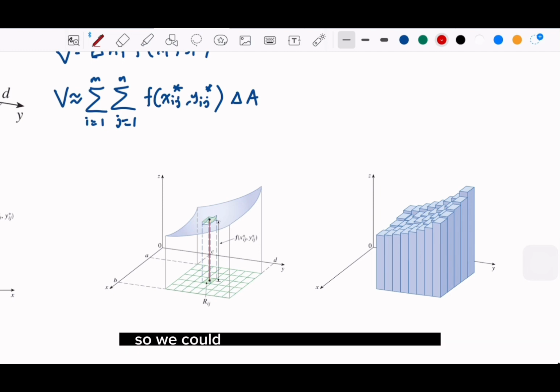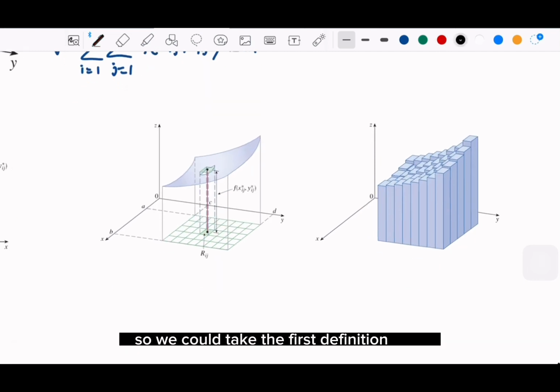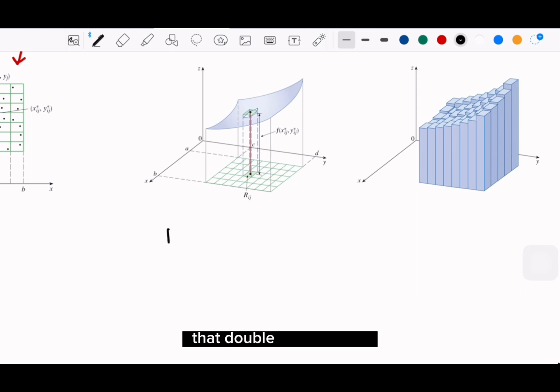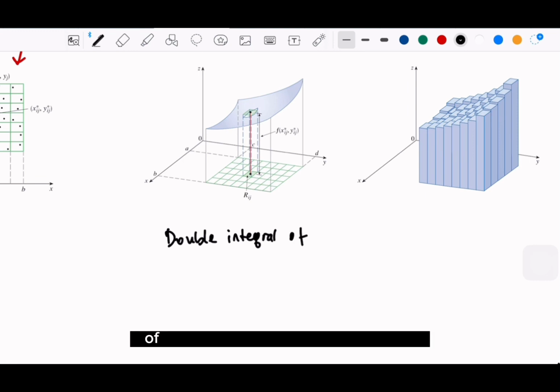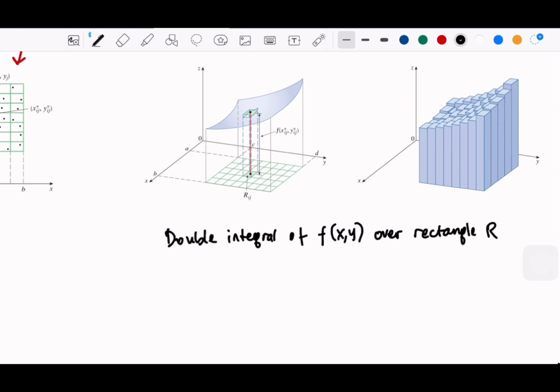So we could take the first definition here, that the double integral of a function f(x,y) over rectangle R is equal to the limit.